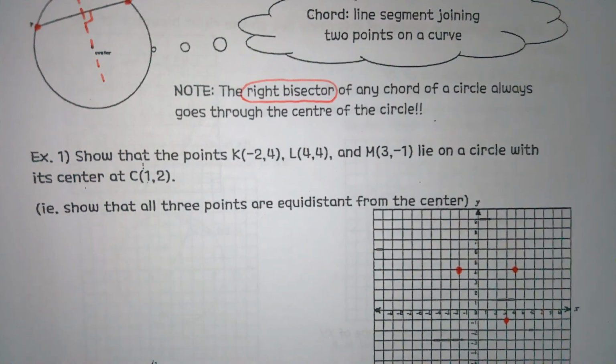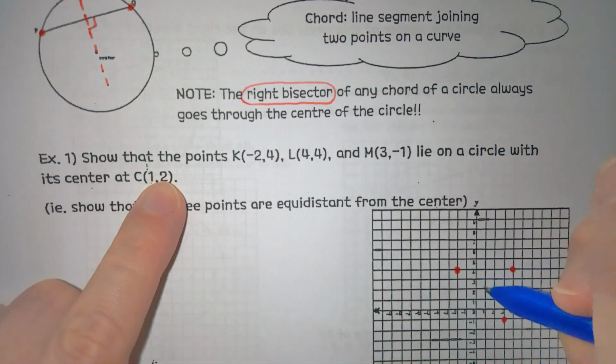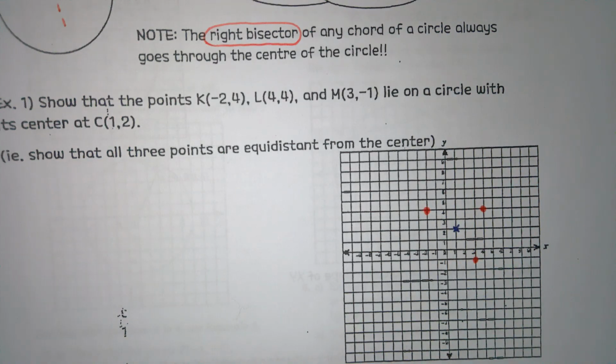Okay, and I want to show that this is the center. Okay. So I got 3 dots right here. Am I drawing a triangle? Absolutely not. What am I trying to draw? Circle. Okay.